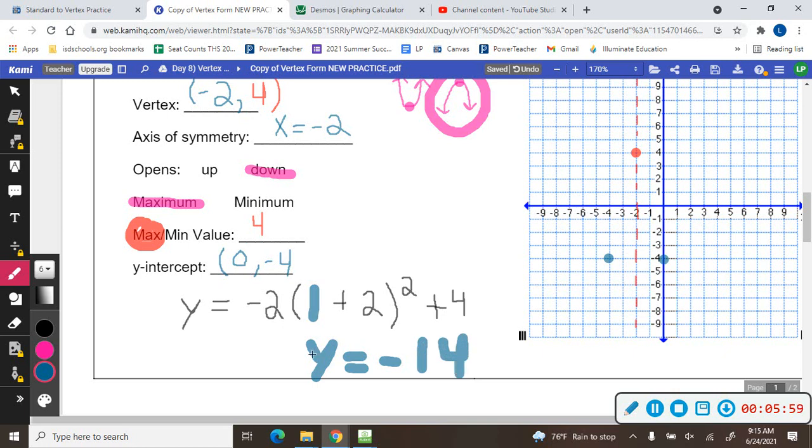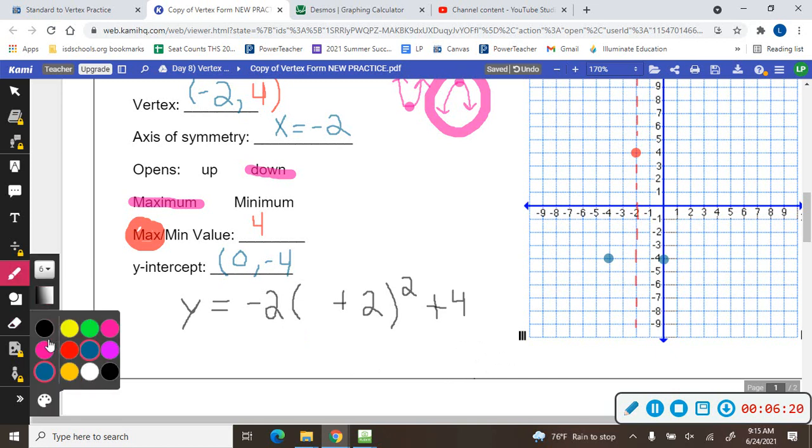So I just found that when x is 1, the y value is -14. That'd be way down here. So the value of 1 is going to be way down here, so there's no point in plugging in 2 or 3. So maybe I'll plug in -1 now.